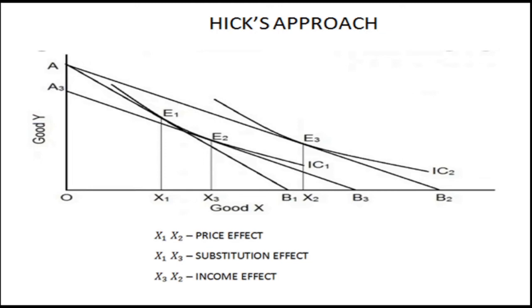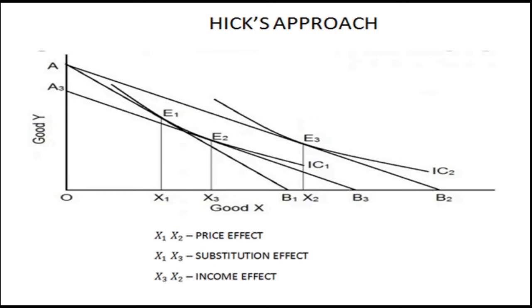So X1 X2 minus X3 X2 is equal to X1 X3, and this X1 X3 is the substitution effect, that is, price effect minus income effect is equal to substitution effect.